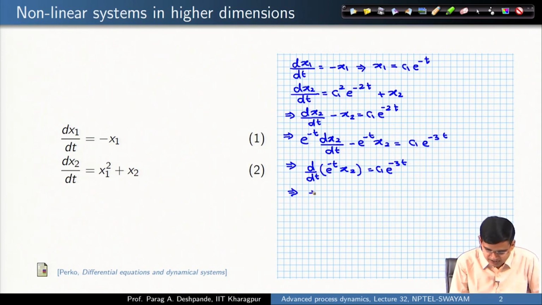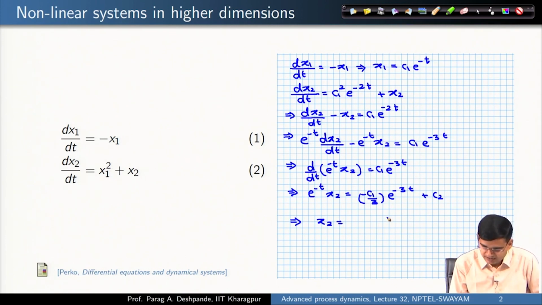So, I can write this as e to the power minus t x 2 is equal to minus C 1 squared upon 3 e to the power minus 3 t plus another constant C 2, from where I can write the expression for x 2 as minus C 1 squared upon 3 e to the power minus 2 t plus C 2 e to the power t.